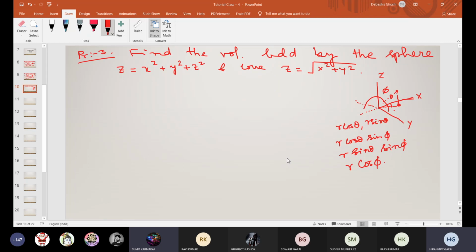That will cover all this upper half. That's why we are considering the range for phi. Sir, why not in the lower half? In the lower half, also the points can be there in the negative z axis. Why are we not considering?